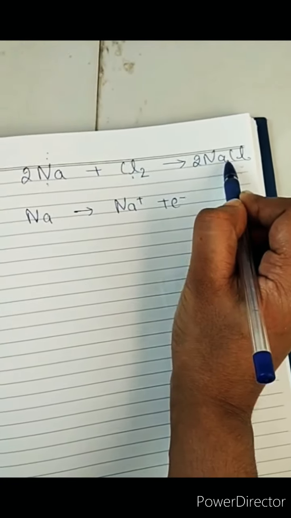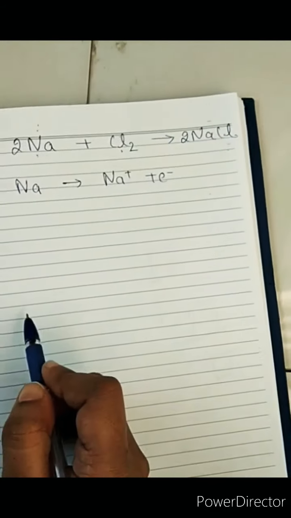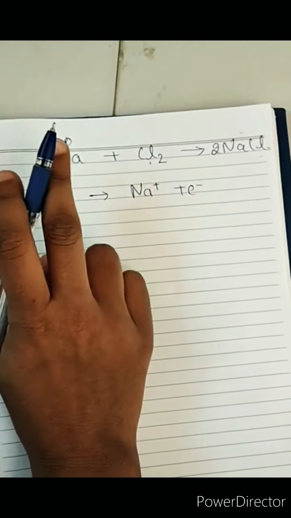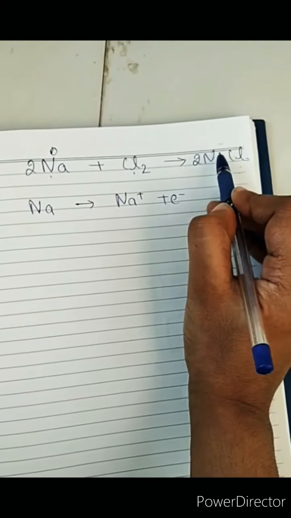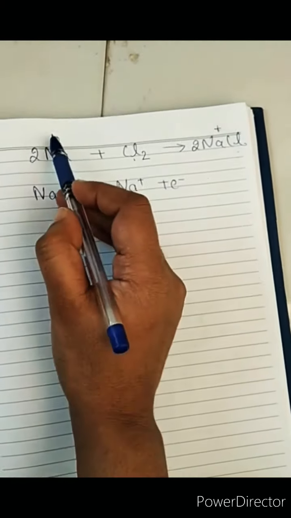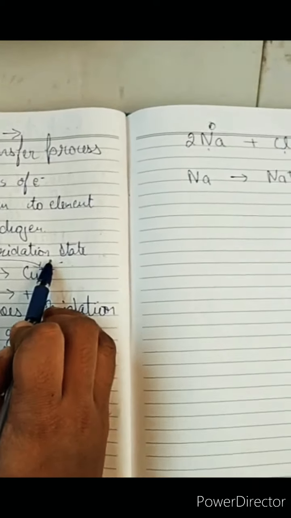When Na joins Cl, it gives out one electron, so the oxidation state here is 0, and here the oxidation state is +1, right? So from 0 to +1, that is increase in oxidation state, right?